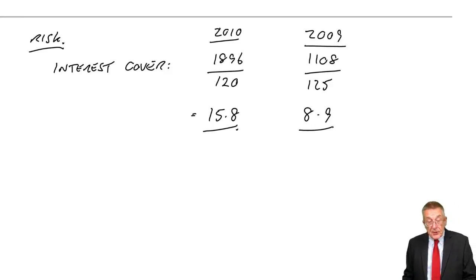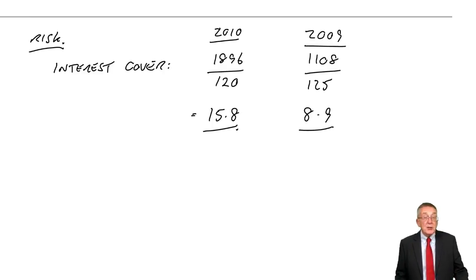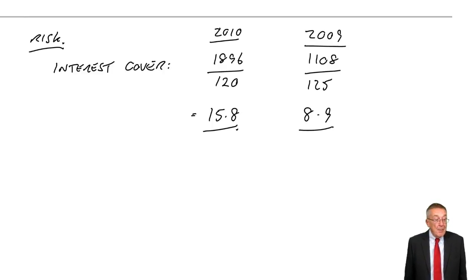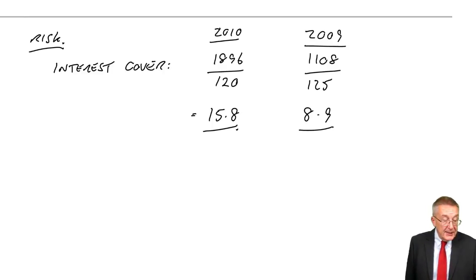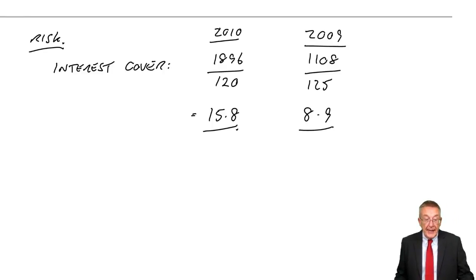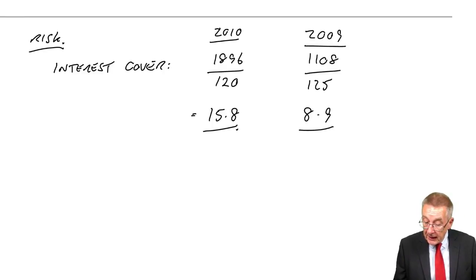Well, that's caused by the interest. What we're looking at is the interest that we're paying. And why are we paying interest? It's because we're borrowing money. These non-current liabilities, these loans that we've got. So there are two other ways we can look at the amount of borrowing in the company, and they're both very similar.